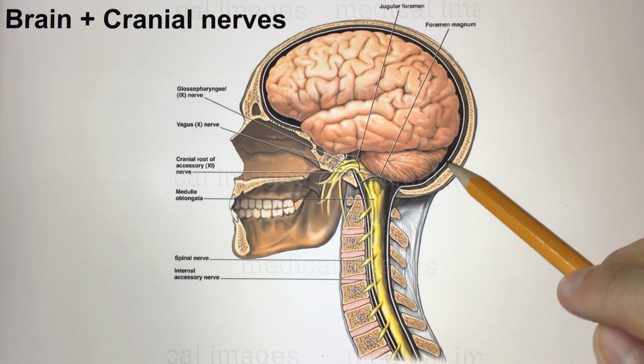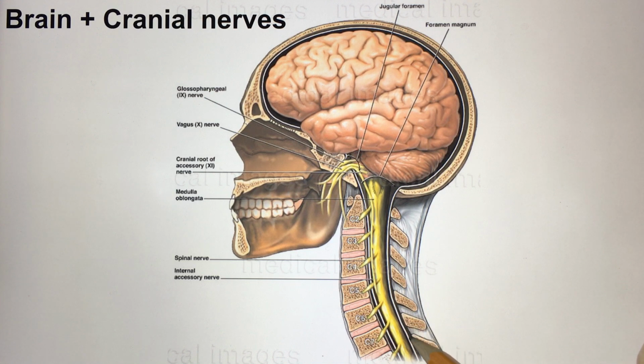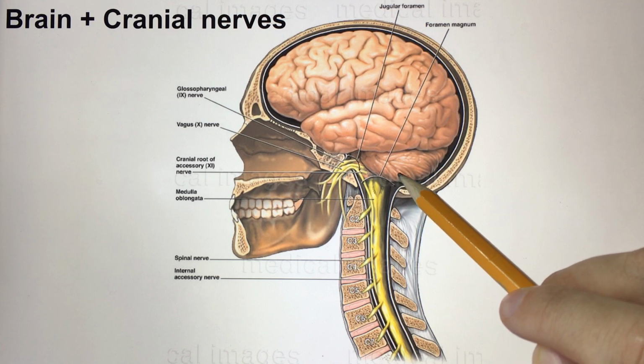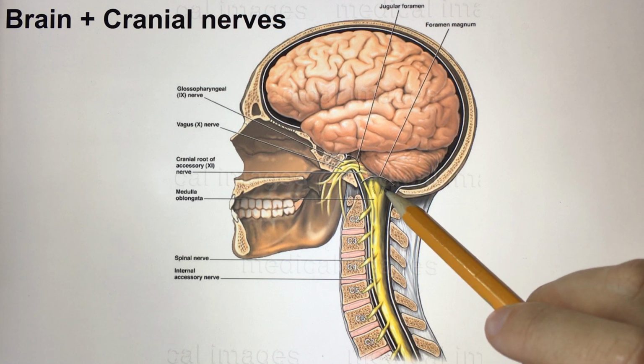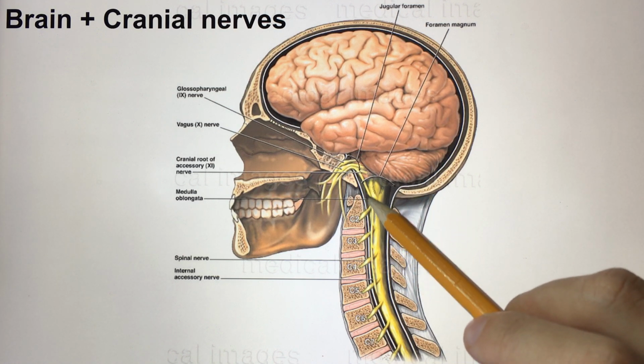The meninges actually enclose the brain and the spinal cord continuously, because technically the spinal cord is still the brain. And the space enclosed by the meninges, between the brain or the spinal cord and the meninges, this space right here, that's where the cerebrospinal fluid is located.